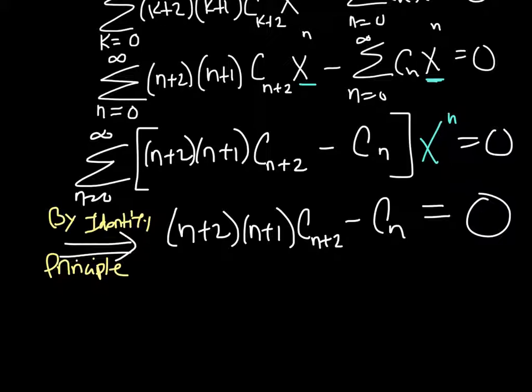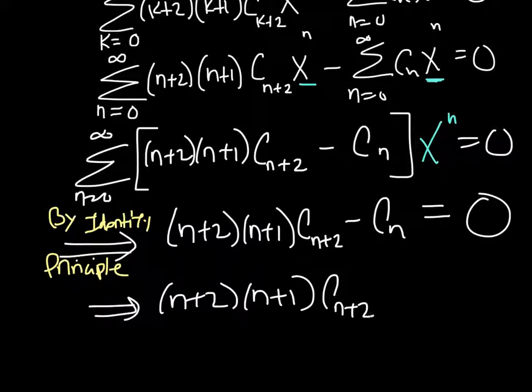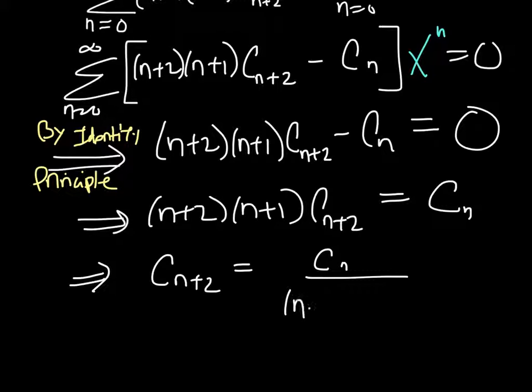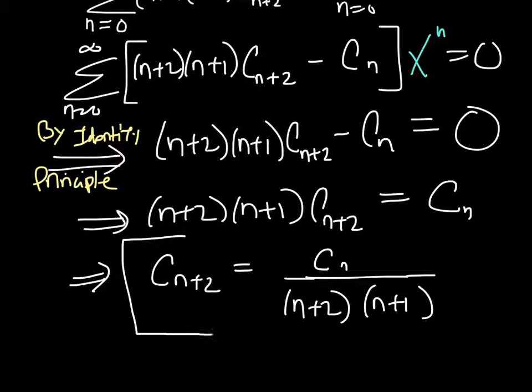Okay, so if we continue, we'll write this out, (n+2)(n+1)c_(n+2), and I'm just going to bring my c_n over, and my goal is to solve for c_(n+2). This looks very nice: c_(n+2) equals c_n over (n+2)(n+1).